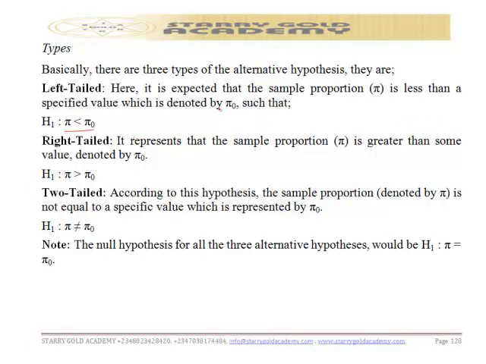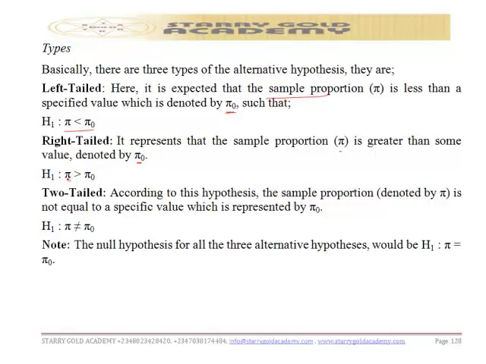Understand? So the specified value is denoted by pi naught, which means that our sample proportion, pi, is less than the specified value. That's the left-tailed. The right-tailed represents that the sample proportion is greater than some value denoted by pi naught.